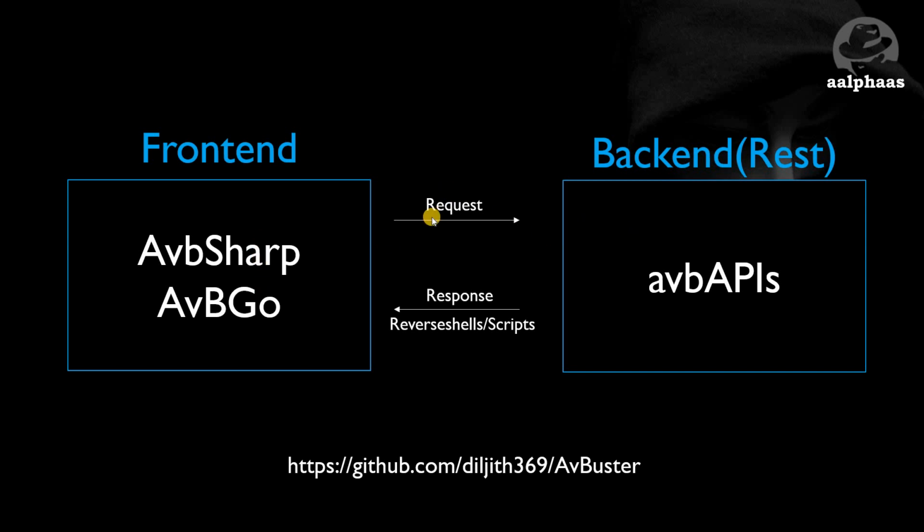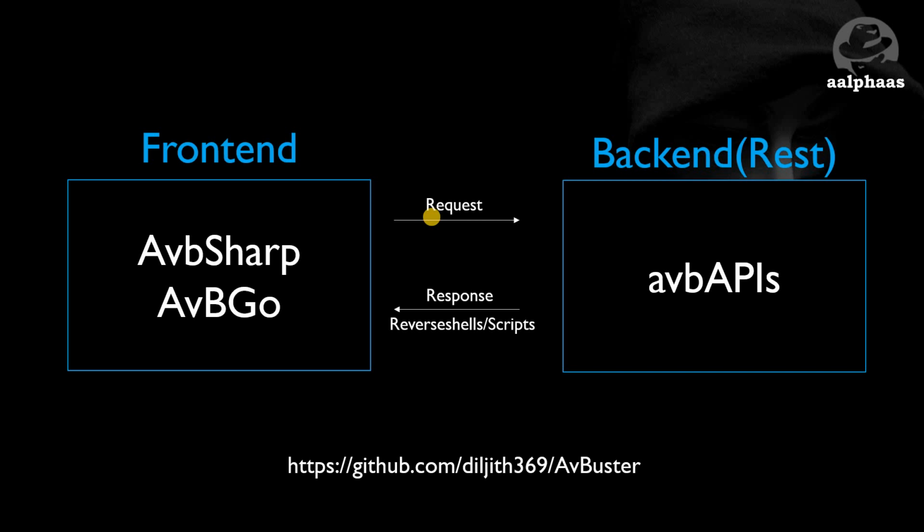Previously, if you have seen my previous videos, AvBuster was a single binary, and the entire code was there in Golang. In the current one, I removed all the code that was a part of making the binaries to the backend.